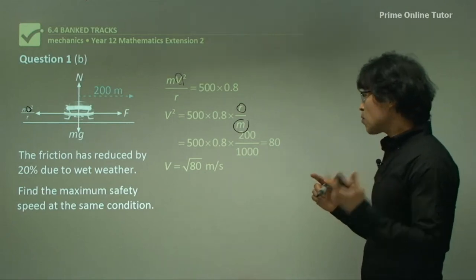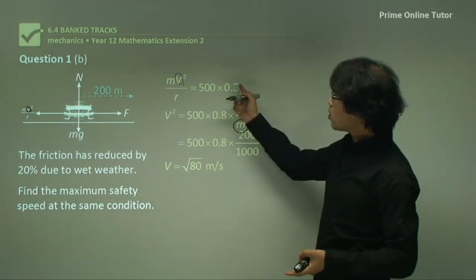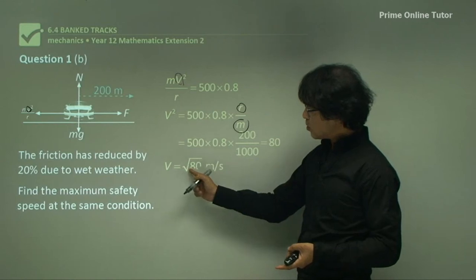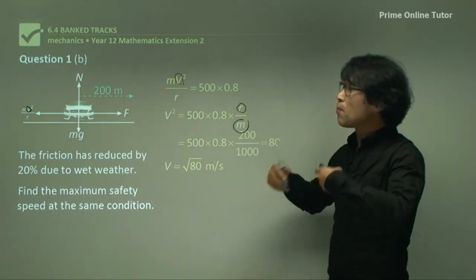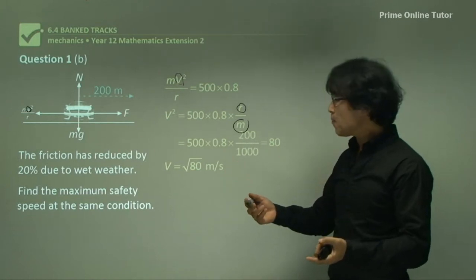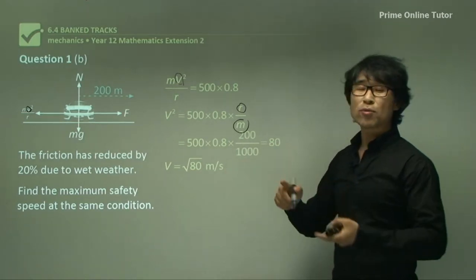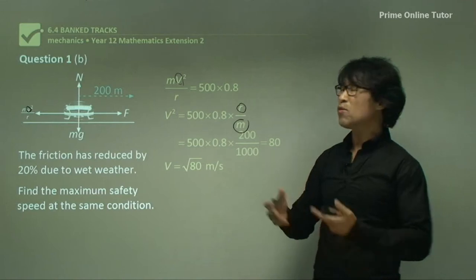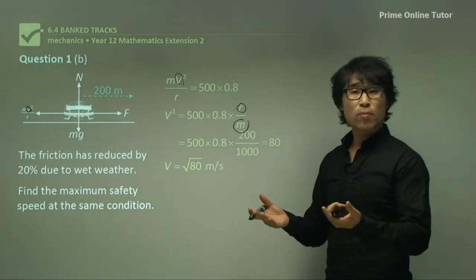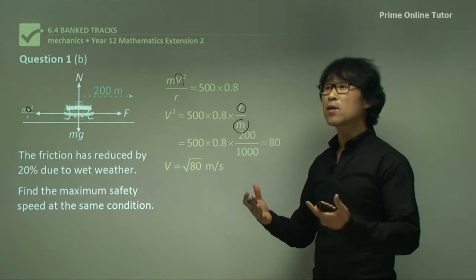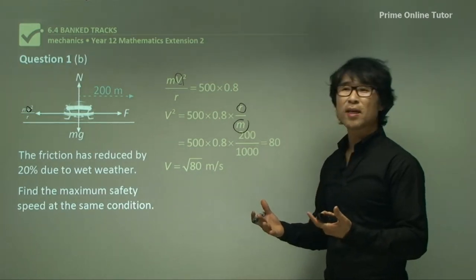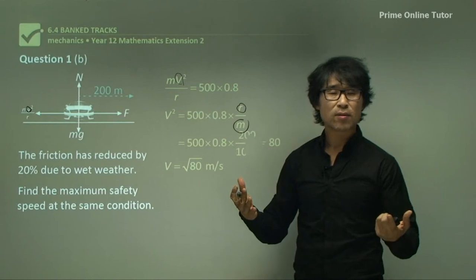But just be careful, we are working with meters per second. So square root of 80 meters per second. But in answering the question, you have to convert it back to kilometers an hour. We usually talk about the speed of a car in kilometers an hour. We don't normally say 15 meters per second for a car.